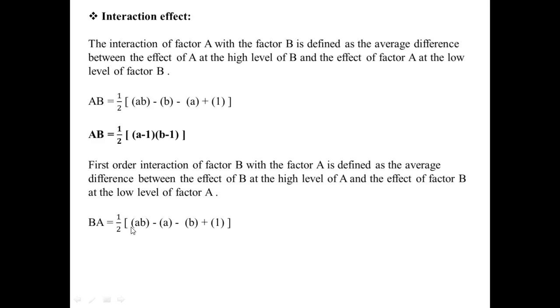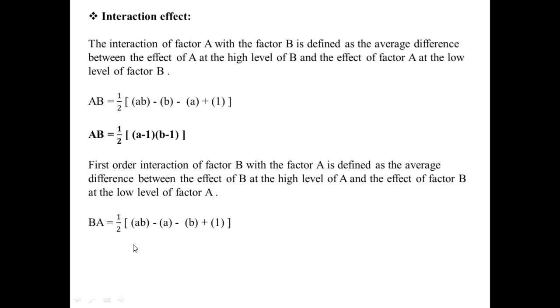So this 1/2 (AB - A) is the effect of factor B at the high level of factor A, and 1/2 (B - 1) is the effect of factor B at the low level of factor A. We just take the difference of equation 3 and equation 4.